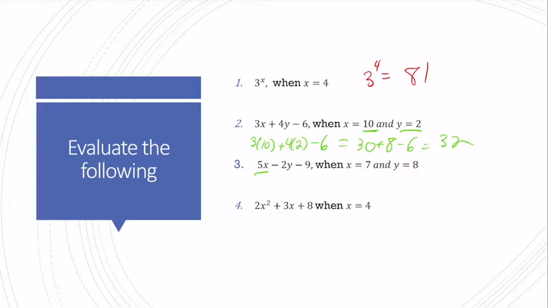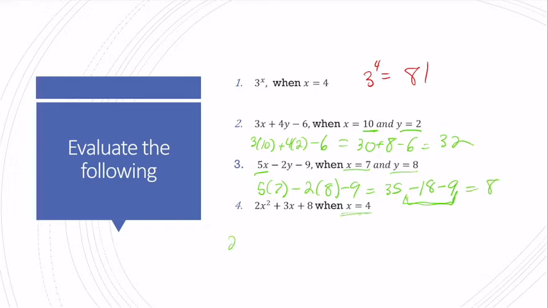If I have 5x minus 2y minus 9 and I want x to be 7 and y to be 8, I take 5 times 7 minus 2 times 8 minus 9. That's going to be 35 minus 18 minus 9. So 35 minus 27, which is 8.